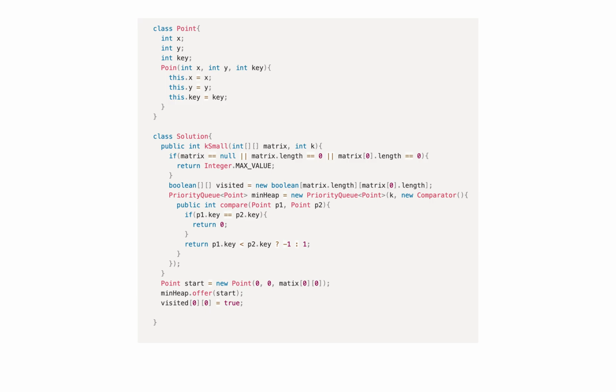So now we will have a for loop and let it loop k minus 1 times. We have this current point pulled out from the min heap.